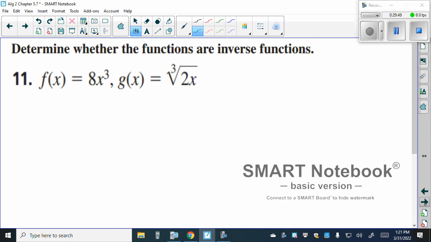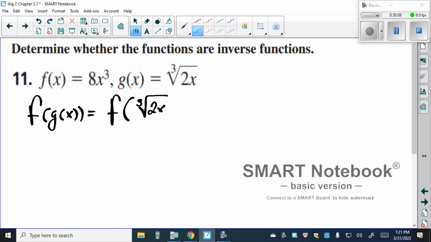We're going to look at this one here, and this is the last one we're going to look at. F of g of x. And we're going to look at the composite functions for this here. Now, g of x in our case is the cubed root of 2x.